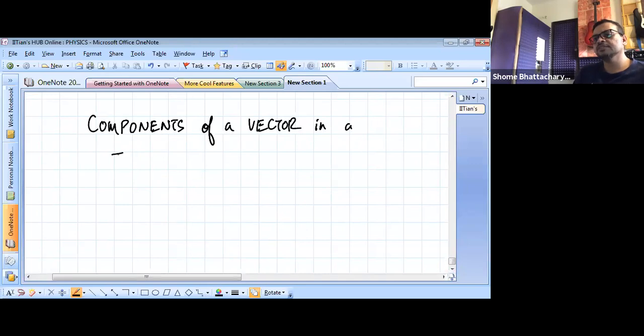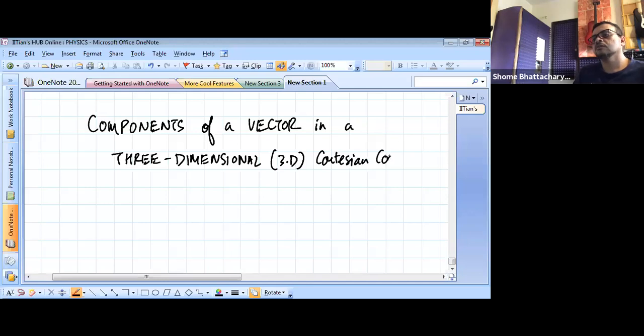In a 3-dimensional Cartesian coordinate system, how to express this thing?